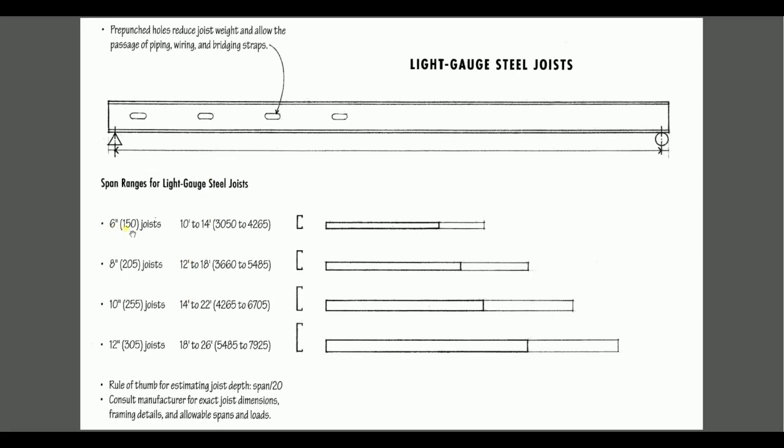So the 6-inch C-channel is 10 feet. There's more span, more cantilever. We can see the 8-inch C-channel can span to 18 feet, but the 2x8 is only for 10 feet, so it's more span, right? This is an estimate of the span for the C-channel here.